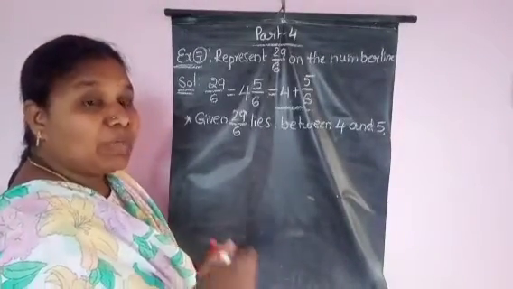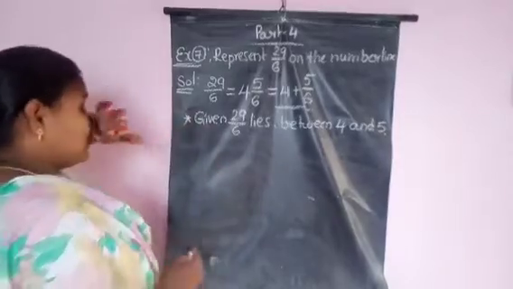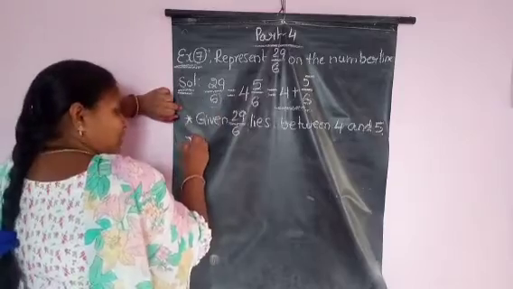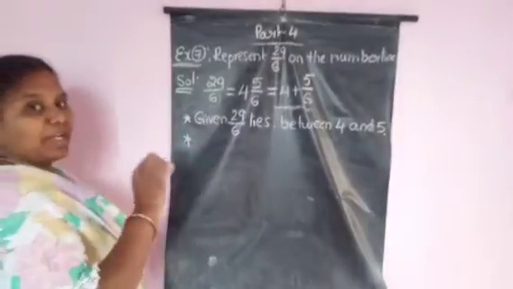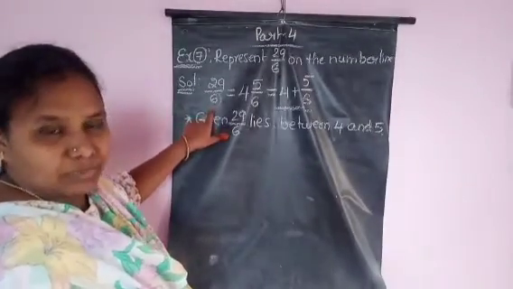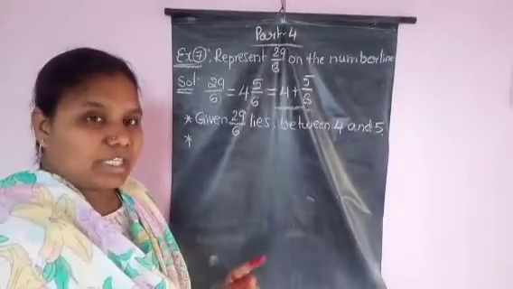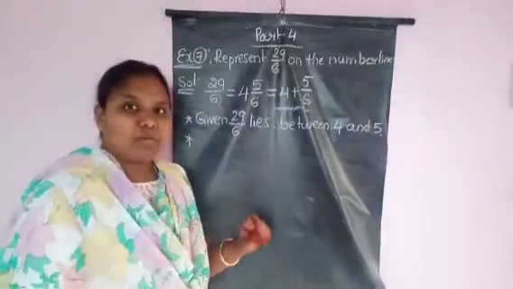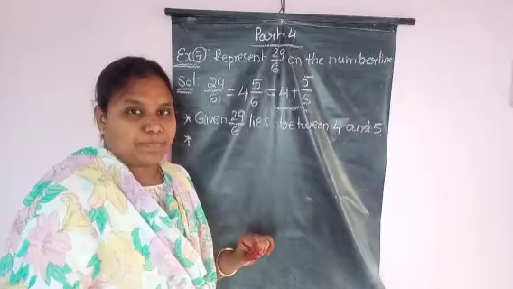And how many parts do we need to divide into? Same as the denominator. In the previous case the denominator was 8, so we divided it into 8 equal parts.